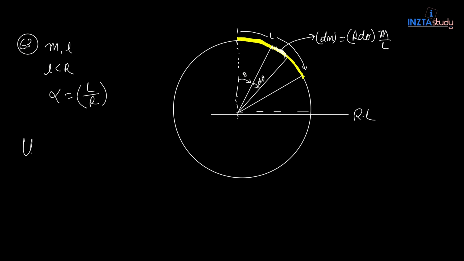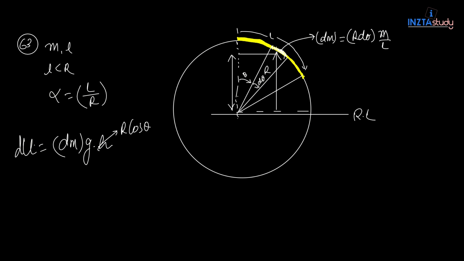So this is the mass of this small element, and this element has a potential energy of dm g times the height with respect to the reference level. This height is, if this length is r, this length is r, so this is r cos theta. So h is going to be r cos theta. This is the potential energy of one small element.